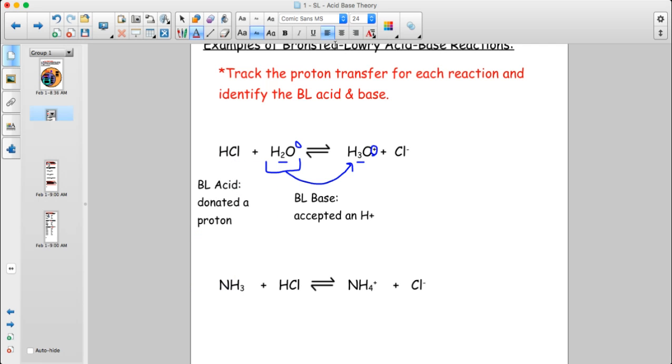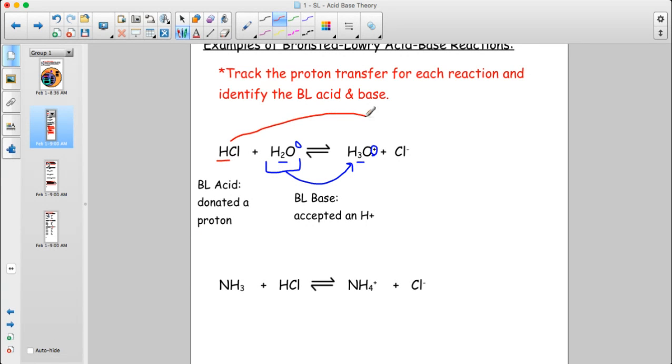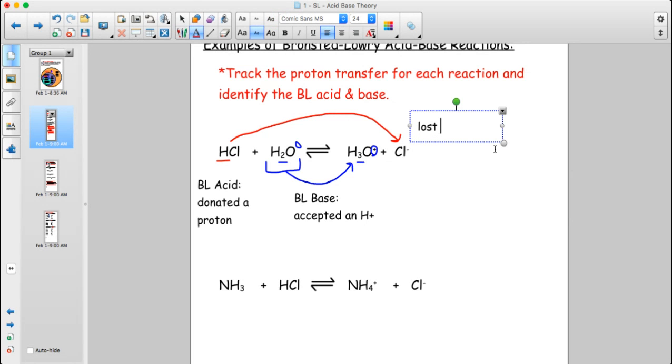And just to draw it in to see it more clearly, here's this H, and afterwards we've lost H plus, therefore HCl donated H plus.